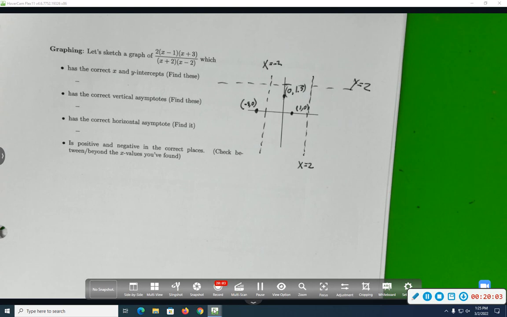So the next game is where is it positive, where is it negative? So everything to the left of -3. Is it positive or is it negative to the left of -3? Positive?